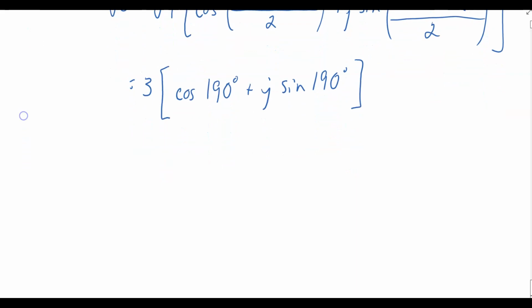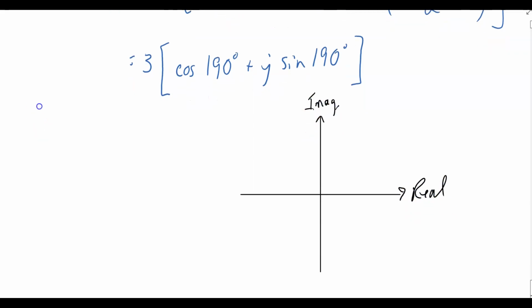Let's graph that. We have our imaginary axis here, our real axis over here, and we have an r of 3 and a theta of 190 degrees. So this one goes opposite to the first one that I drew, 10 degrees past here, and this is a 3.